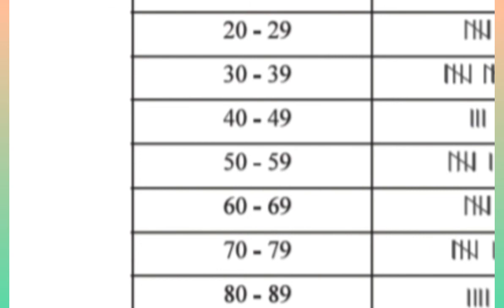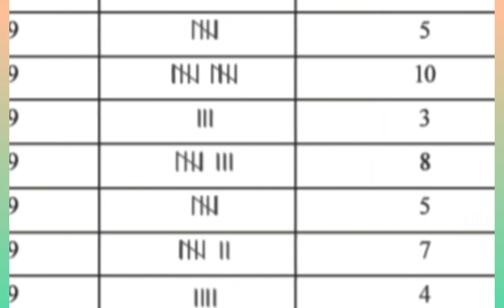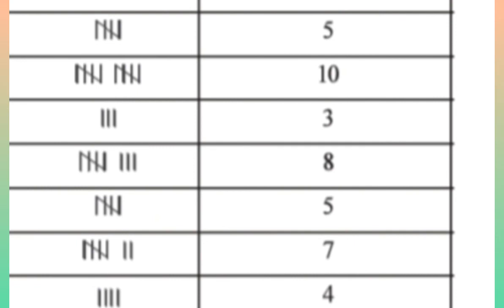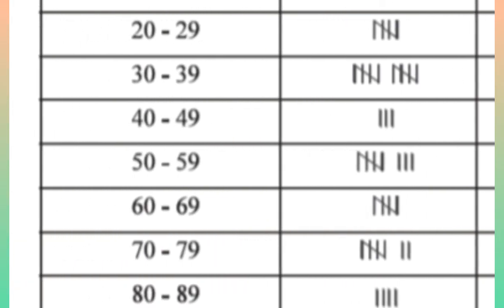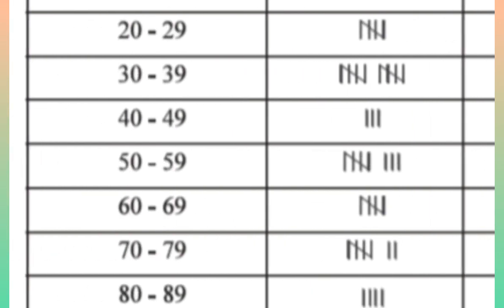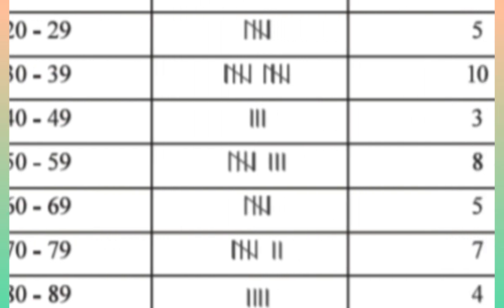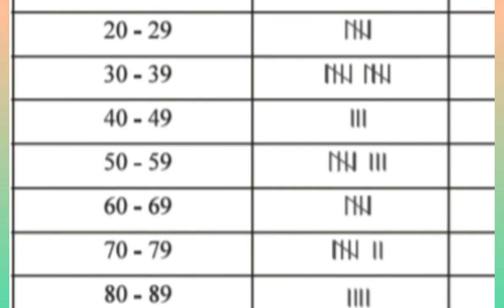Over here, 10 to 19, 20 to 29, up to 90 to 99, they represent the number of roses. Again there are tally marks, and the number of days, or the frequency, that is, for how many days there were roses between 10 to 19, for how many days between 20 to 29. So that is the example of continuous frequency distribution.